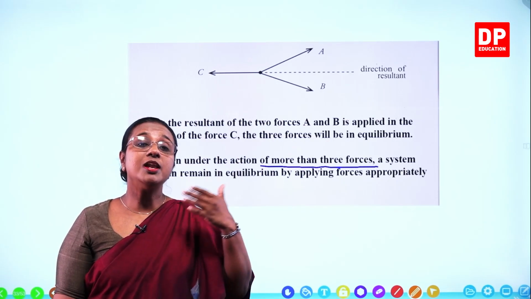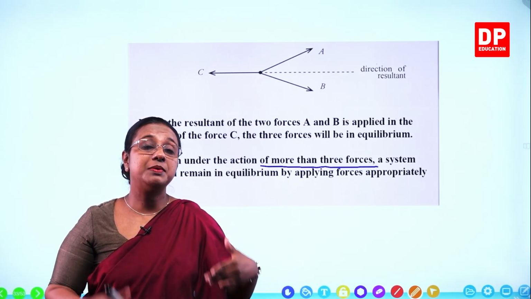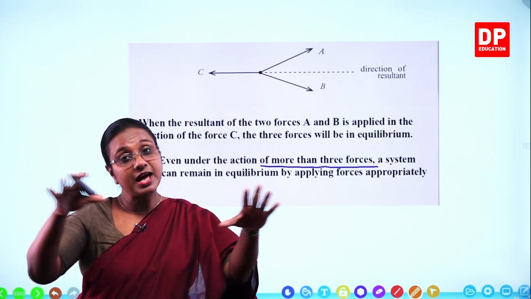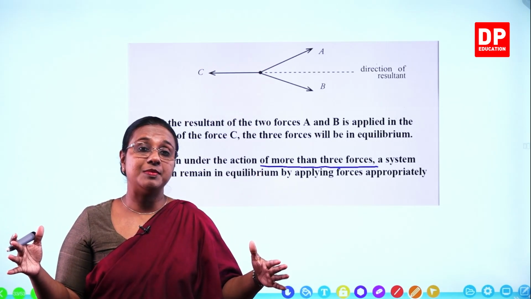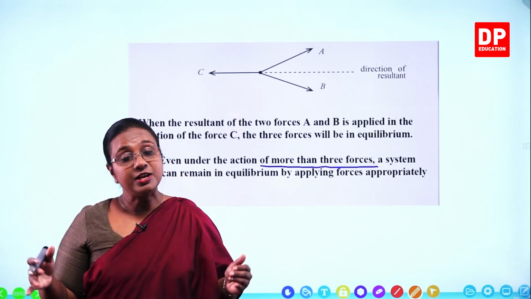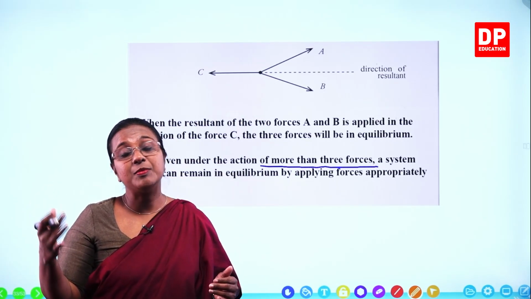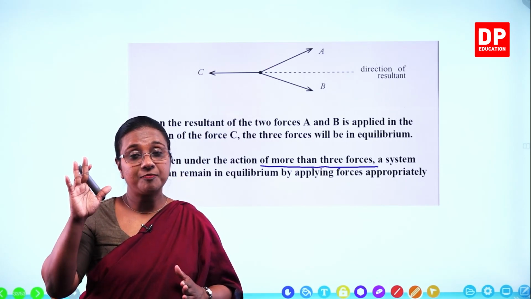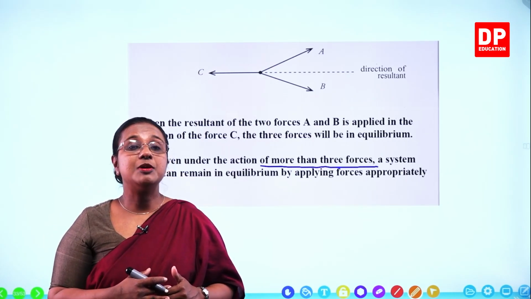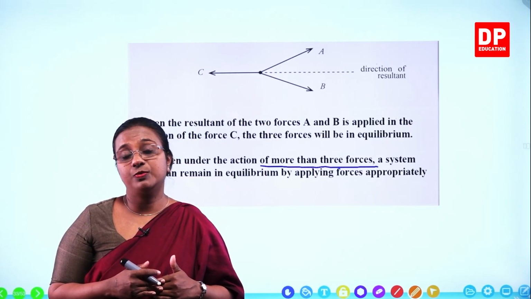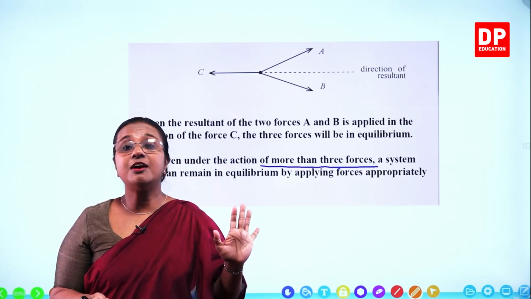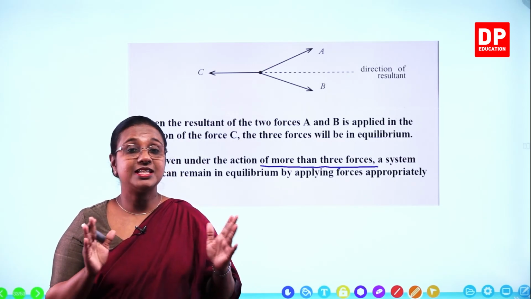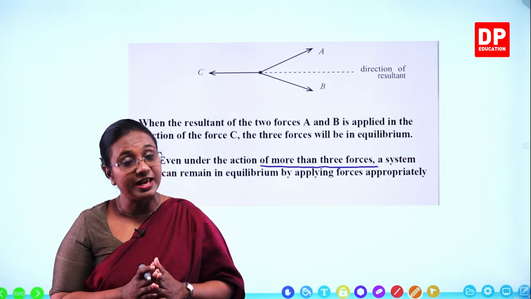Then I told you all about a chair, a table, a person sitting on a chair, or an object kept on a table, a large object along with the table. If you consider that, then of course through the legs of the table or the chair, there is a perpendicular reaction acting upwards and the weight of the table or the chair will be downwards. So there again there are 5 forces. So these are all different instances that you see in your day-to-day life.